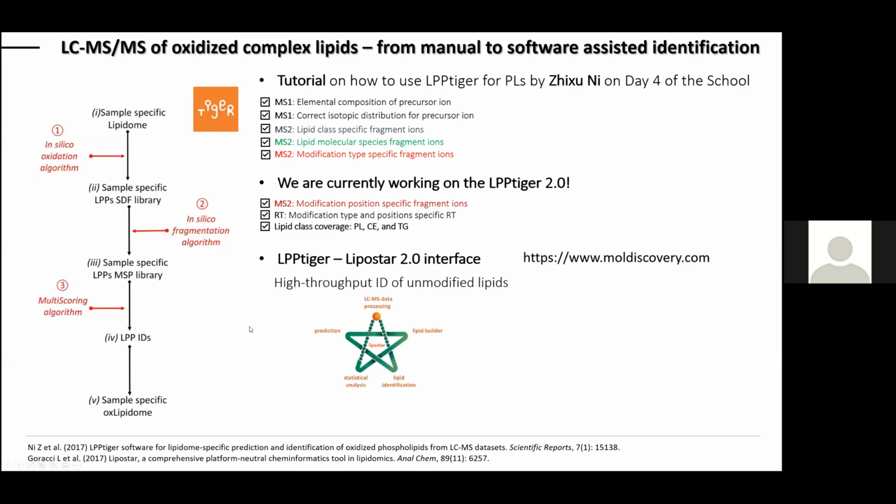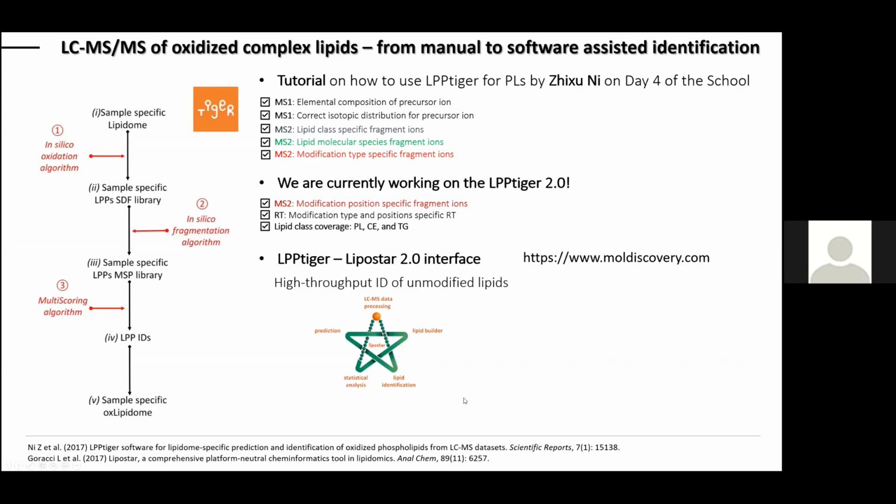So finally, another important thing to mention is that we are closely working together with Laura Garaci, who is responsible for the development of LipoStar software. So you might have heard about this tool, which is very popular nowadays for the high throughput identification of modified lipids.